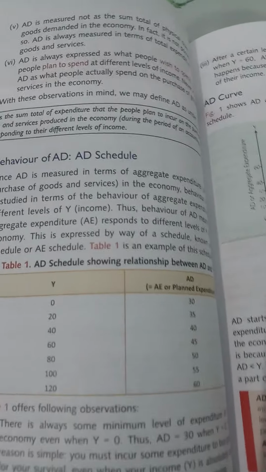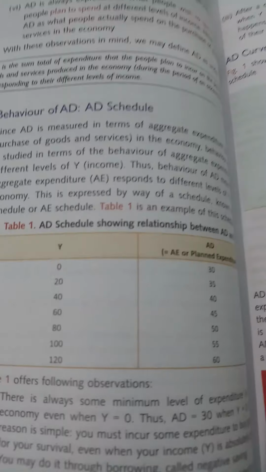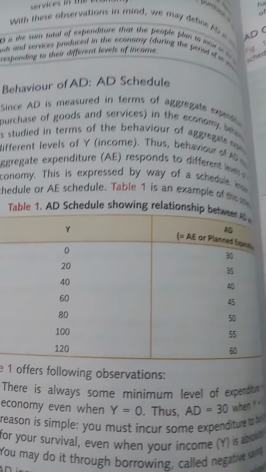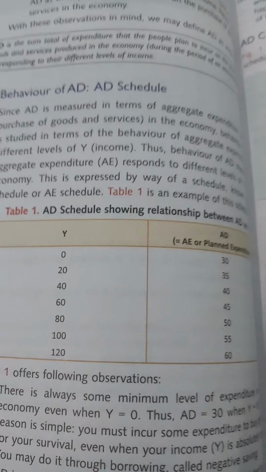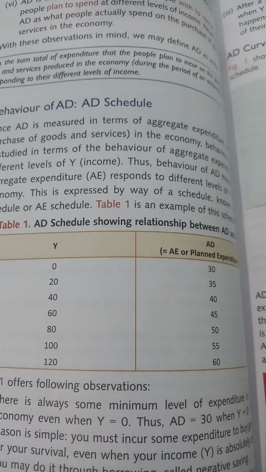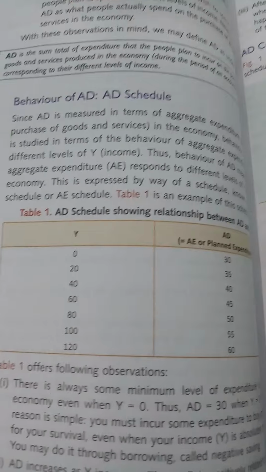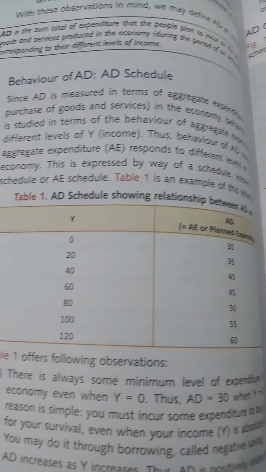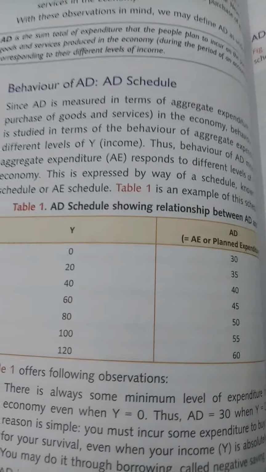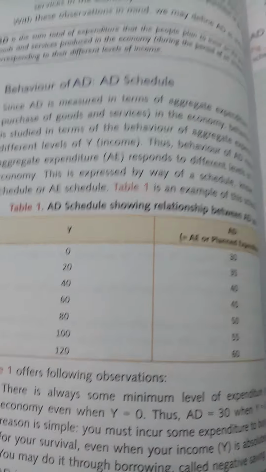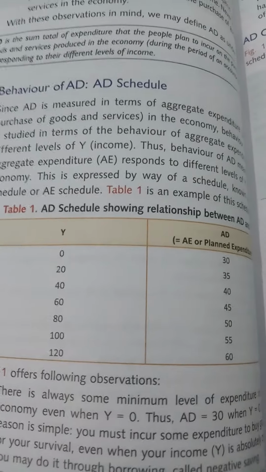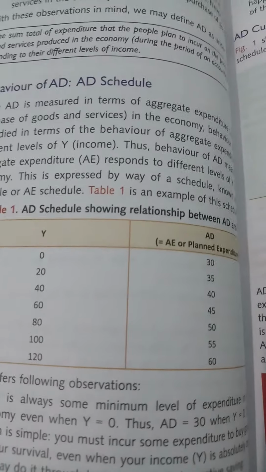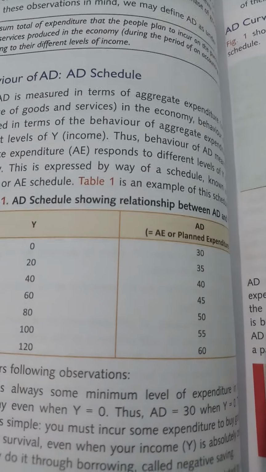You see that the value of AD at 0 income, that is 30, is the lowest. Another thing to see is that Y is increasing at a constant rate of 20, while AD is also increasing at a constant rate of 5 units.